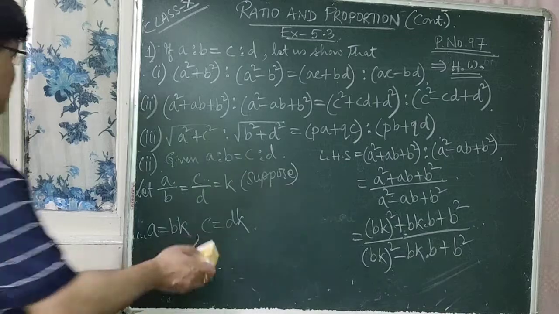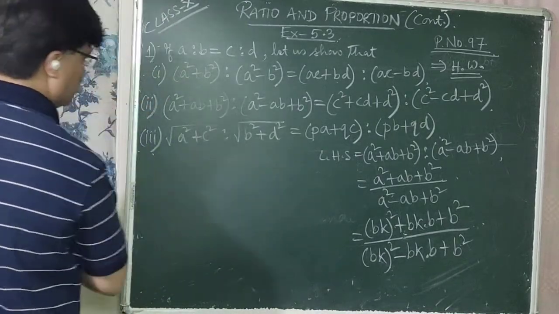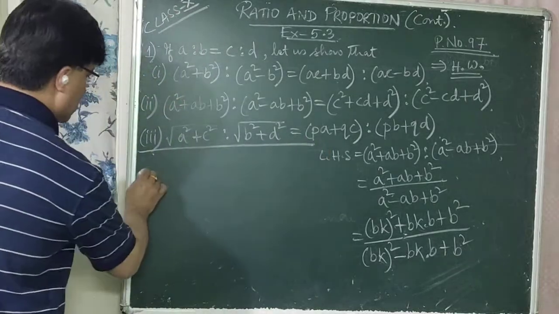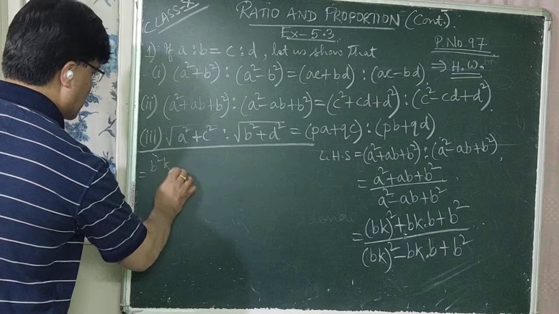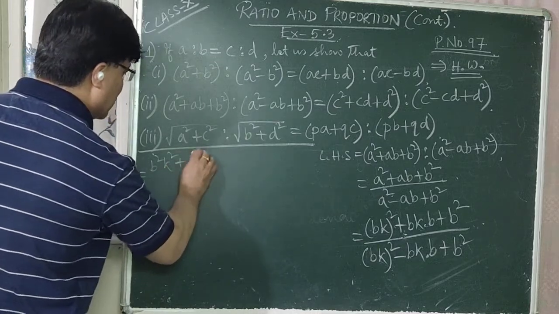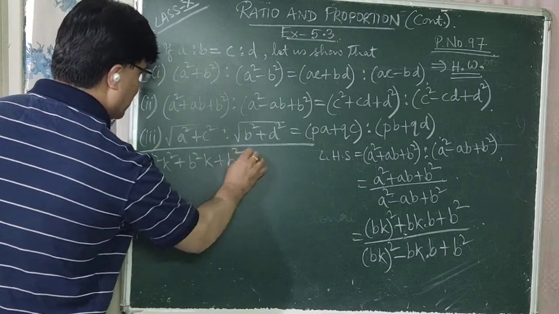So let us simplify it now. This is equal to B square K square plus, what is BK into B? B square K plus B square.